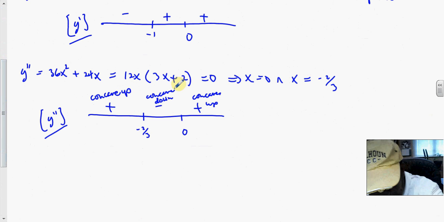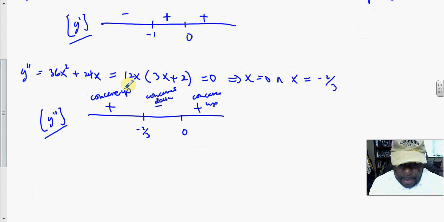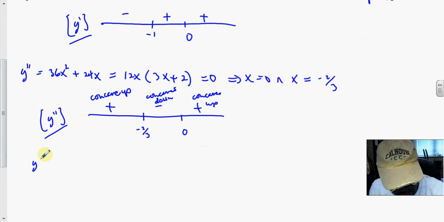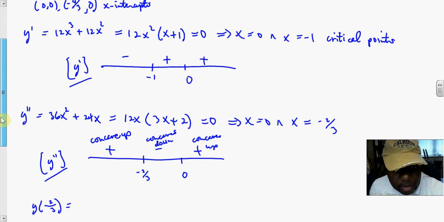It's an S. Okay, and that means that we have points of inflection here. So we need to find out what is y of negative 2/3. This is the point of inflection.